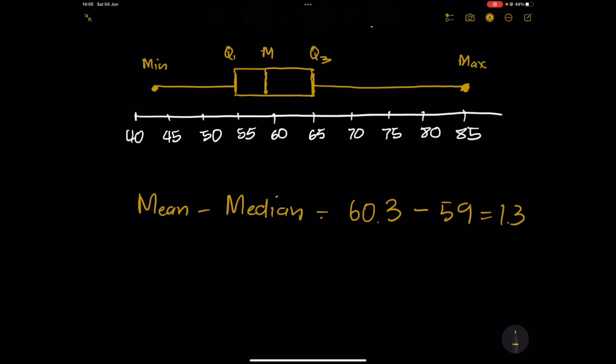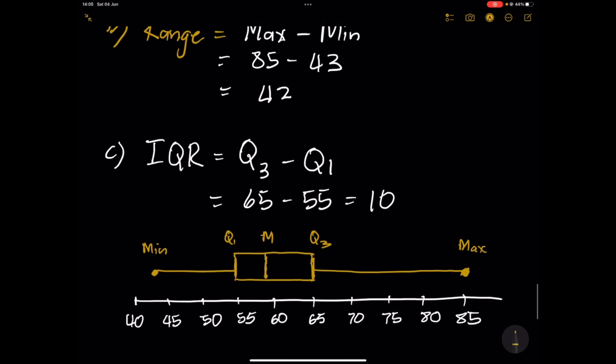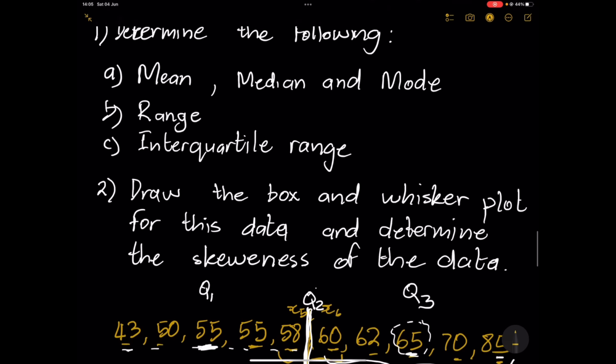So what does that tell you? Please remember that when we've got a positive value, it simply tells us, just as we said, that it is skewed towards the right. If you remember what we said, let's go back to our notes.